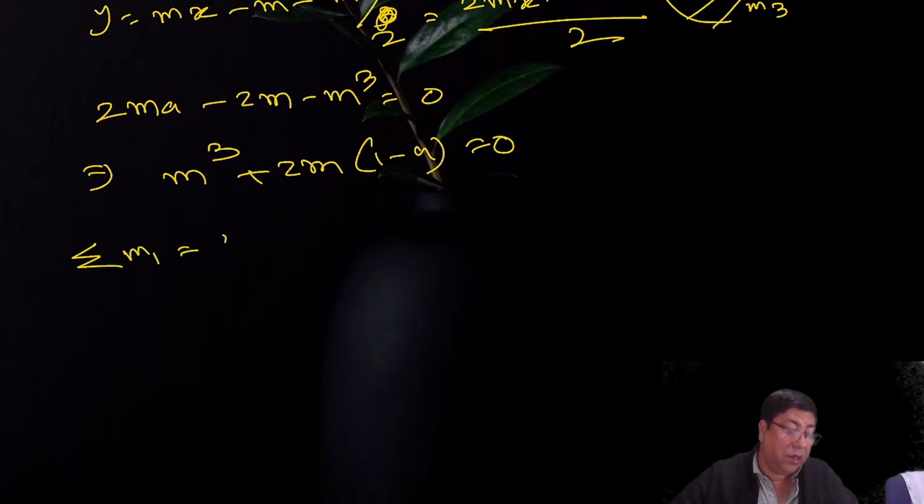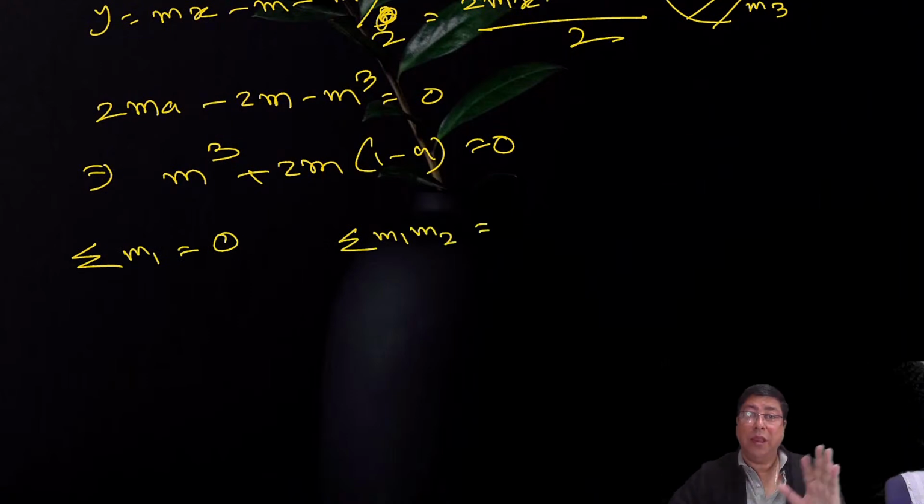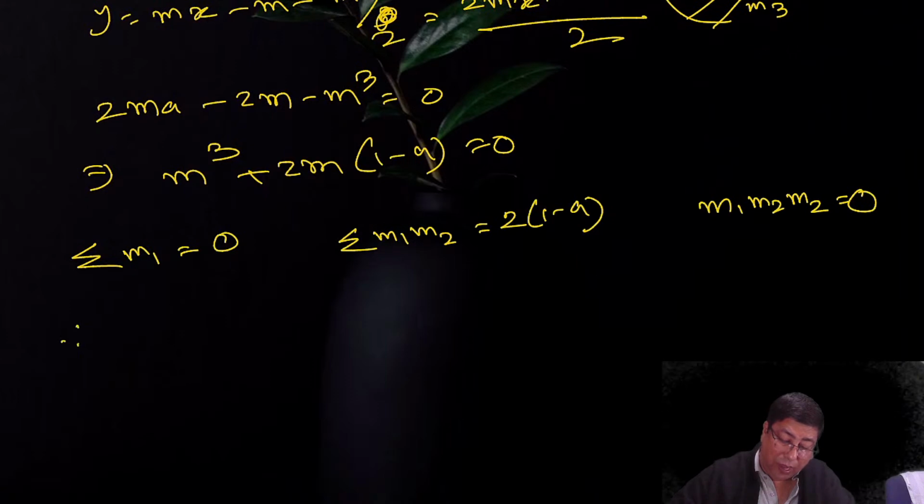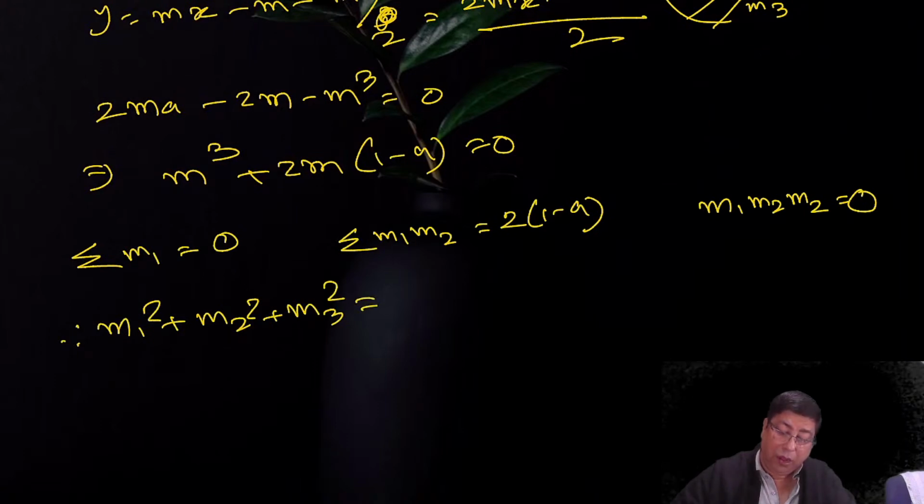The sum of m1m2 equals c by a, which is 2 into (1 minus a), and the product m1m2m3 is 0 as there is no constant term. Therefore m1 squared plus m2 squared plus m3 squared must be greater than 0.